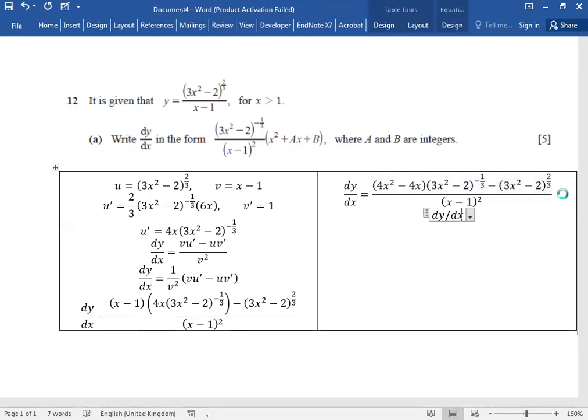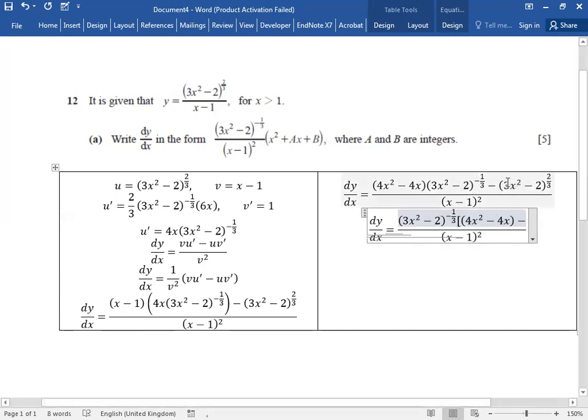Now understand one thing, whenever we take something common, we are technically dividing every element by that. We did it in the completing the square method as well. If I take 3x square minus 2 to the power negative 1 over 3 as common, I am left with, in the first one, 4x square minus 4x. And in the second one, what am I left with? Can you divide this by 3x square minus 2 to the power negative 1 over 3?